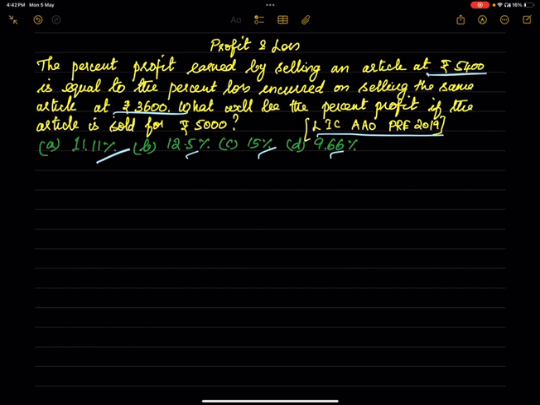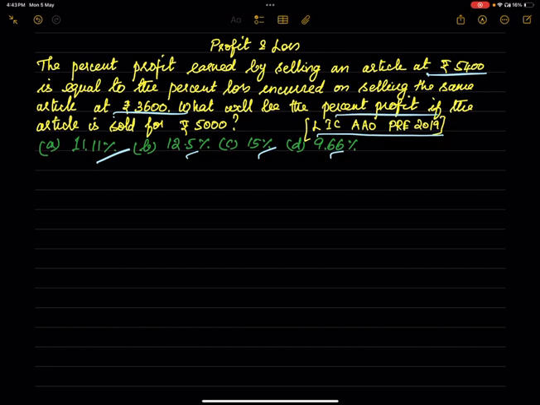But what is given in the problem? That the profit percentage in the first transaction and the loss percentage in the second transaction are equal. Then what do we have to find out now? We have to find out the profit percentage if the same article is sold for rupees 5,000.